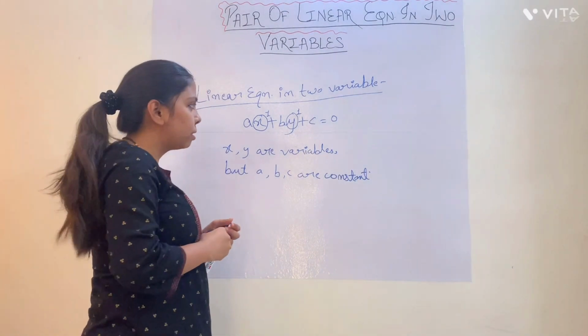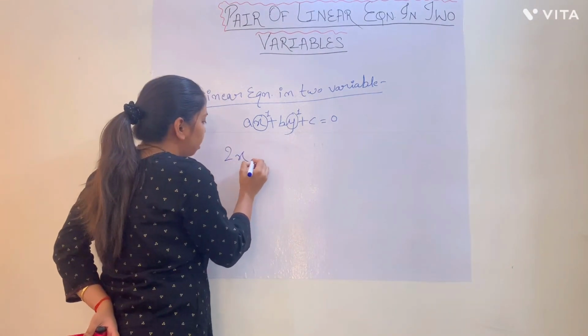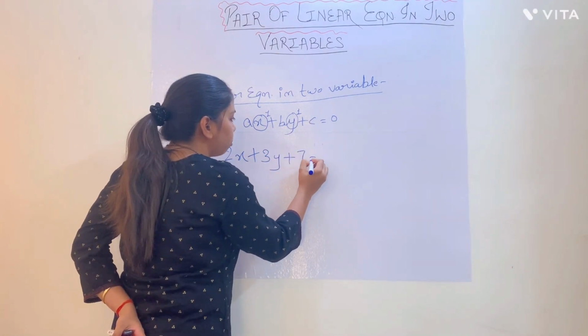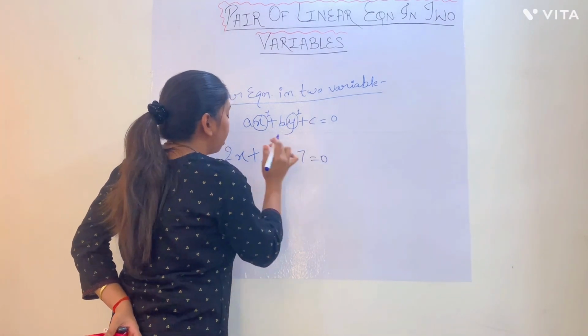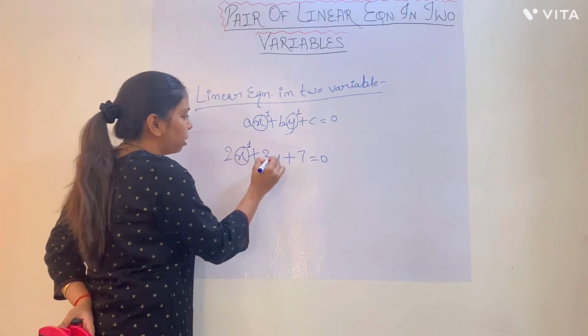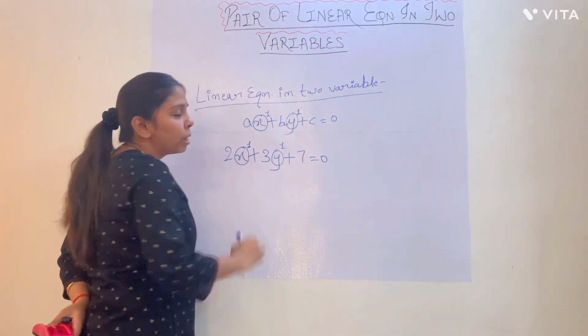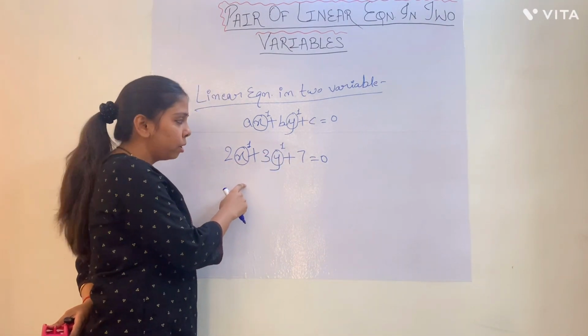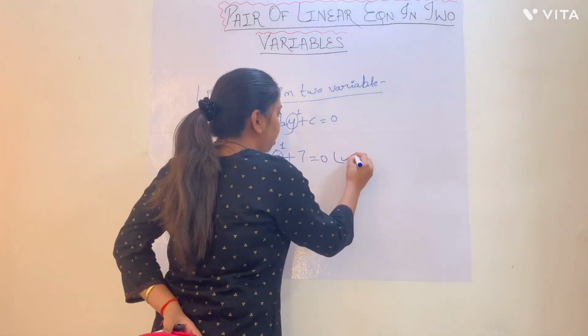Let's take some examples. 2x plus 3y plus 7 equals 0. You can see that here the maximum power of x is 1 and here the maximum power is also 1. So this is a linear equation in two variables.